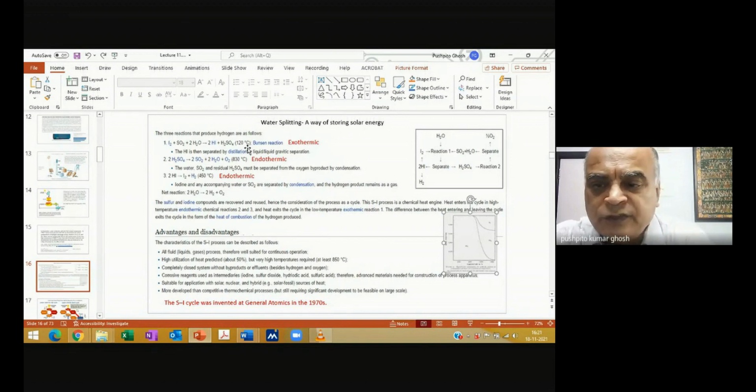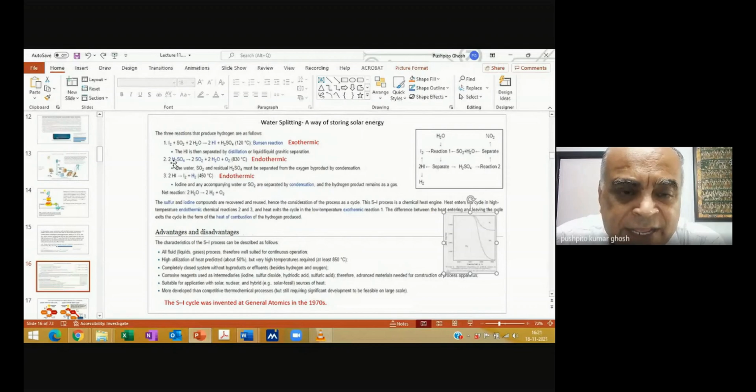Because they are taking advantage of this particular chemical equilibrium. So there is a way in which you can decompose sulfuric acid to make sulfur dioxide and oxygen. Just make a note of it. And this reaction is endothermic, requires energy.